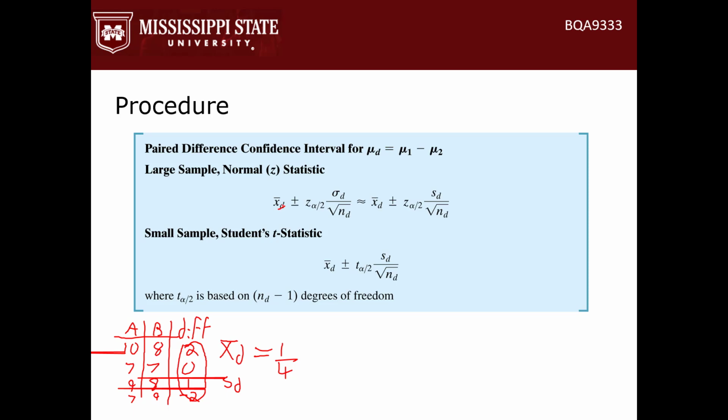We could almost cross out the D's, and this would be over root n, which would be approximately equal to x bar plus or minus z alpha over 2 s over root n.